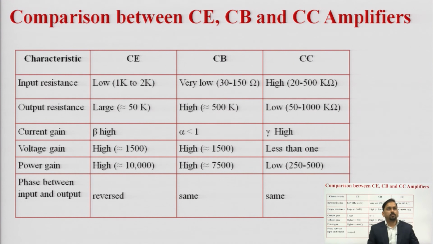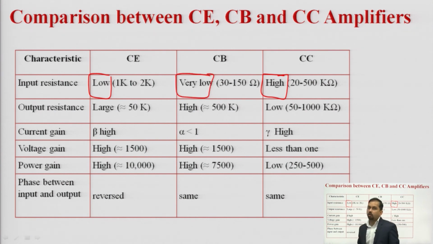Now, we want to see the comparison between the common emitter, common base and common collector configurations. First of all, the highest input impedance or input resistance corresponds to the common collector configuration, for common emitter it is low, and for common base it is very low.